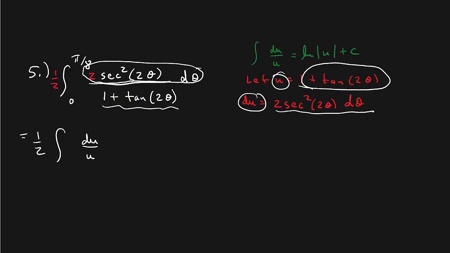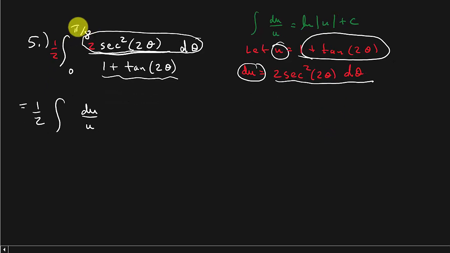All right, now our original problem was in terms of theta. So that means my limits are in terms of theta. So since I changed my variable to be in terms of u, I have to put my limits in terms of u. Okay? So we've got u is equal to 1 plus tangent of 2 times 0, which equals 1 plus 0 equals 0.